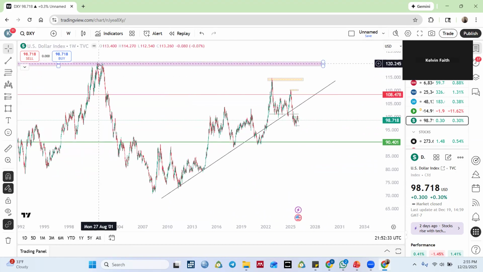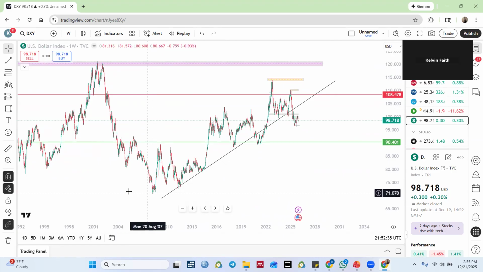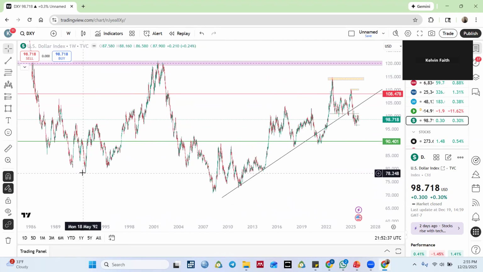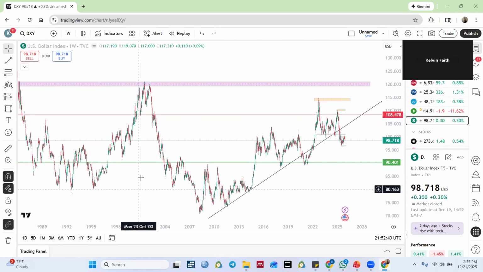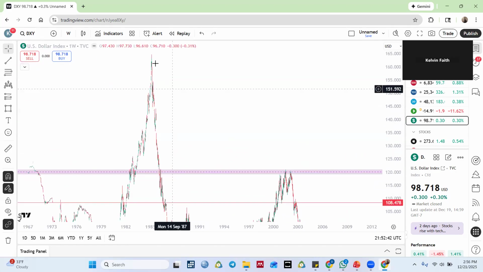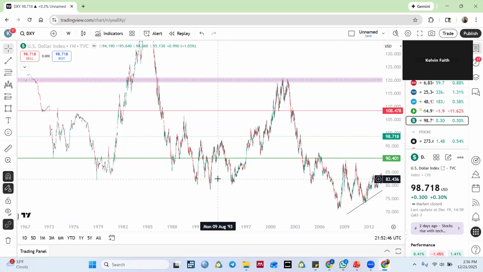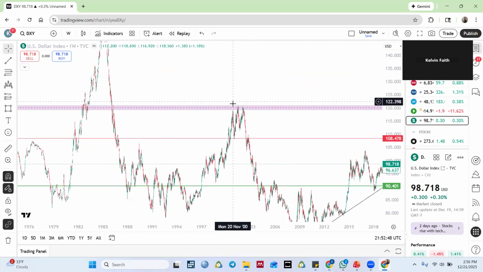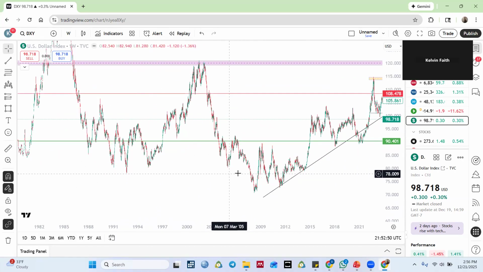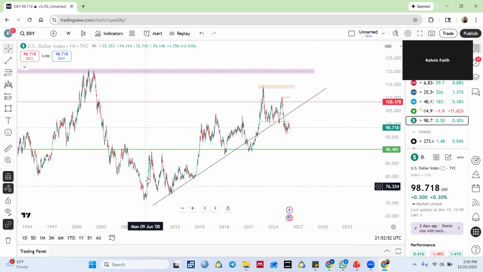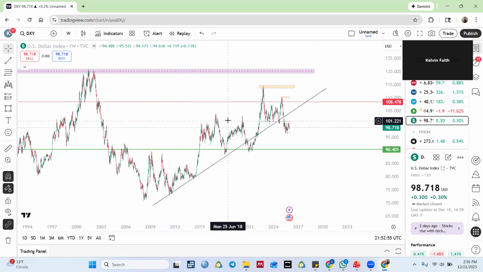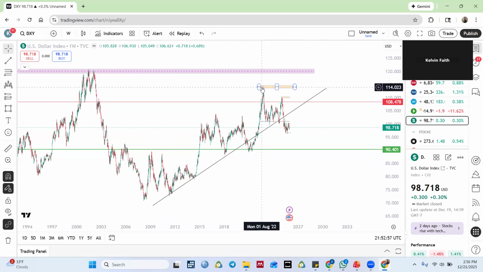From this high to this low, we took out this previous low here. Therefore, it's bearish. And we have price from this high, taking this low, moving up, taking the next low. So bearish. This bullish structure to the upside looks like it's a retracement.